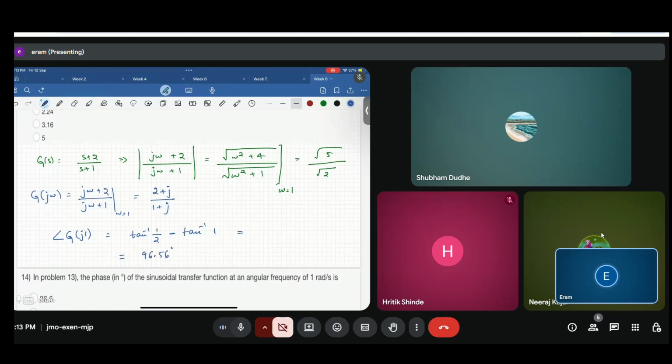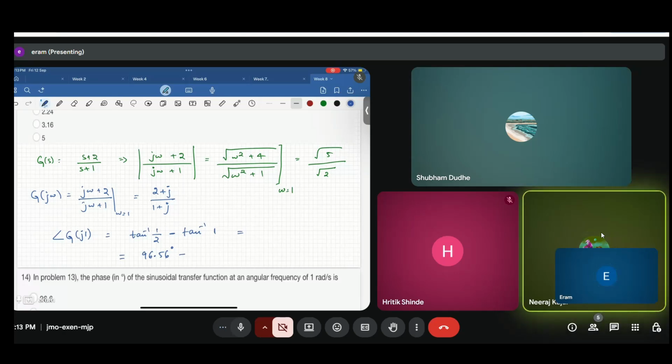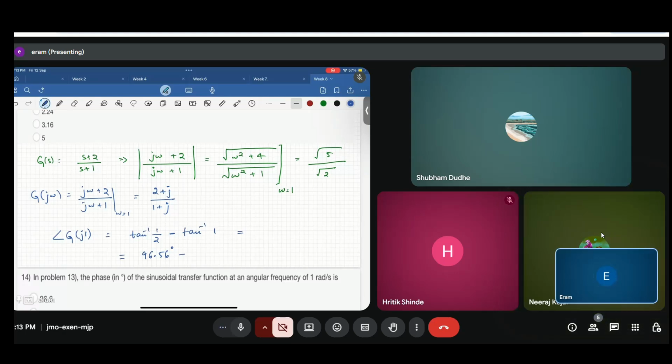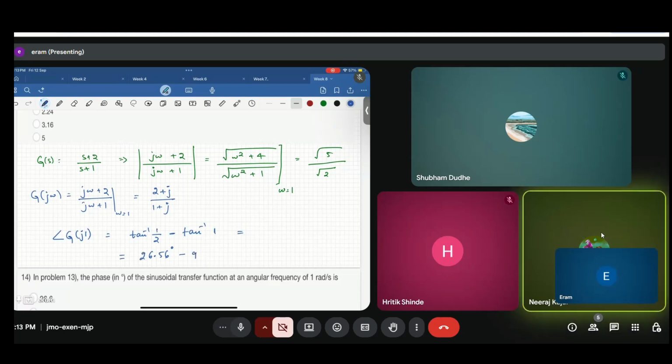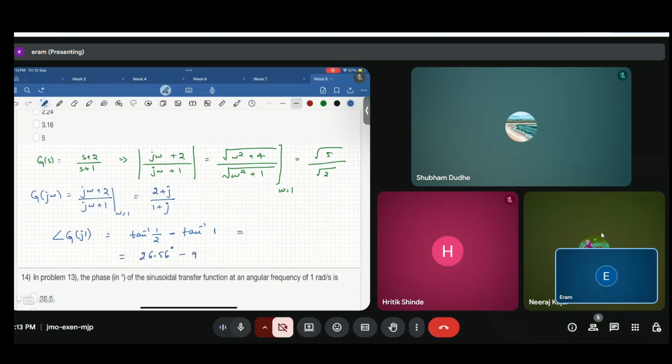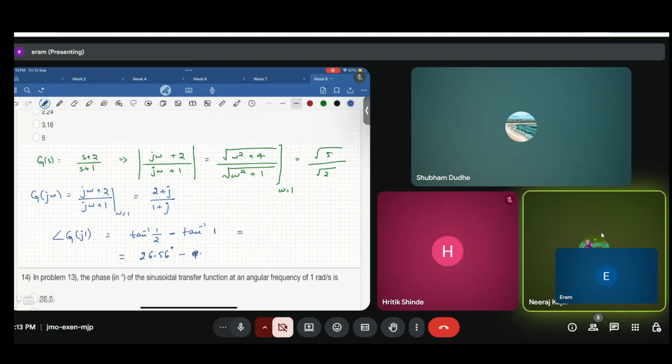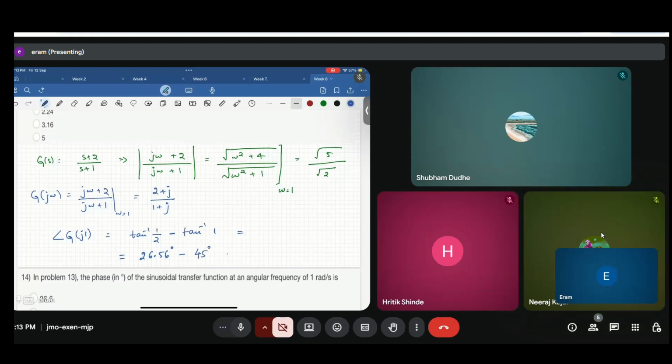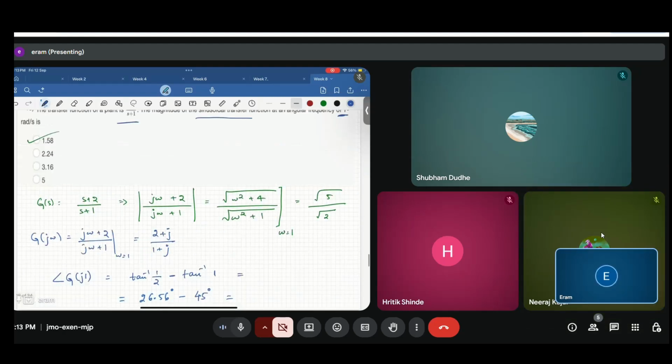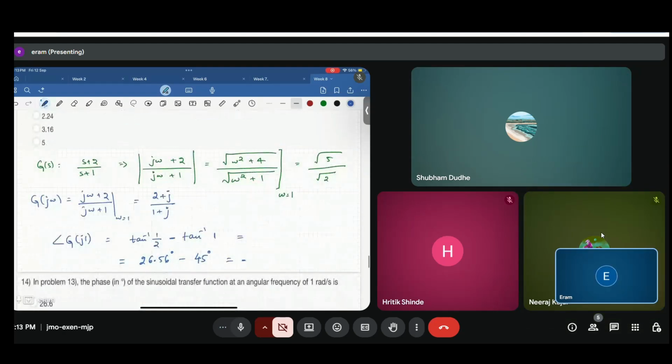And what is tan inverse of 1? 45. Yes. So you will get minus 18.44.